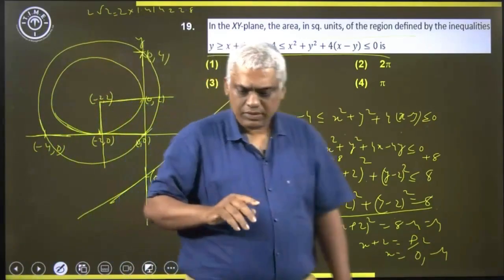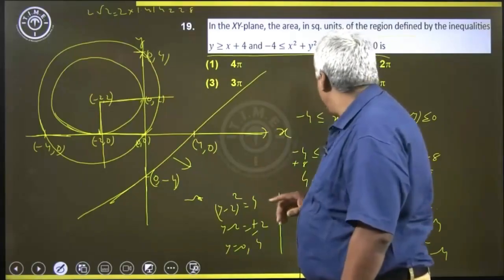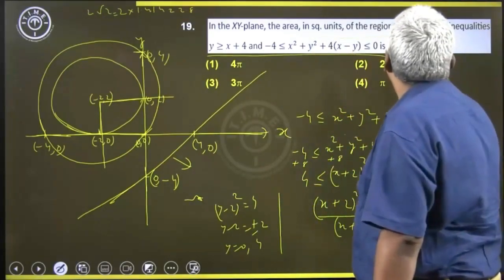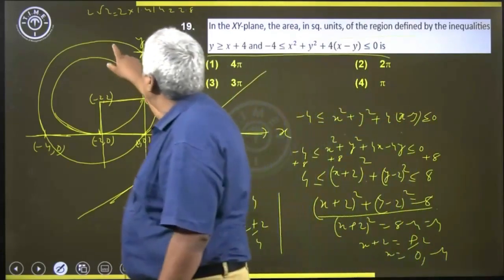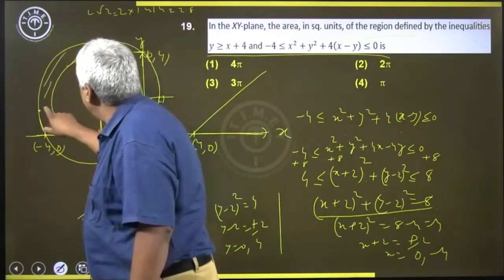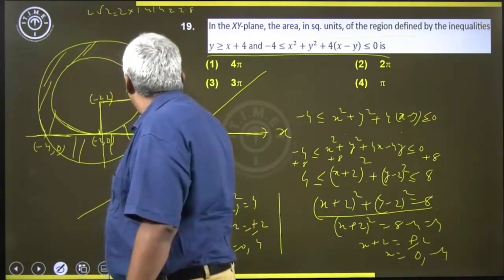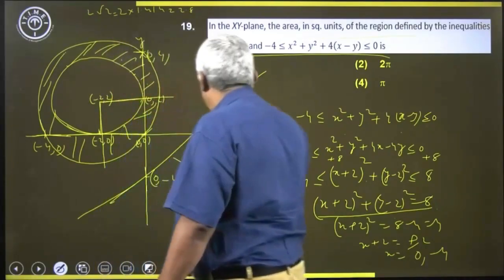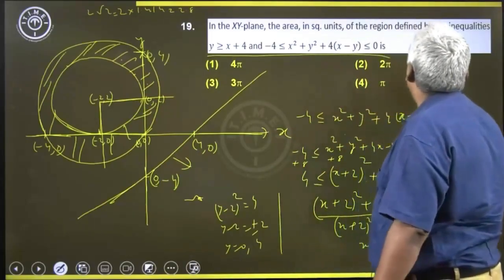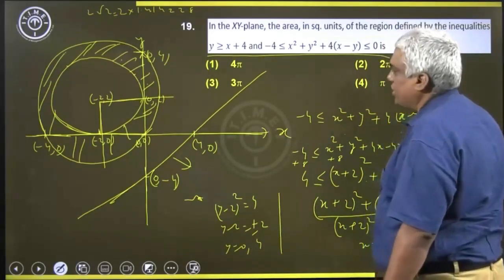So we have to find the region bounded by this inequality and this one, this ring and this line. The line is y is more than or equal to x plus 4.